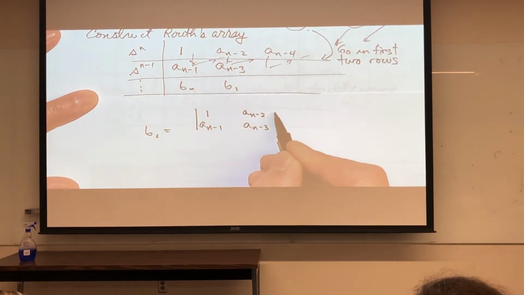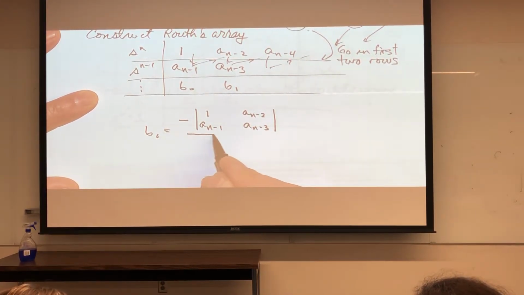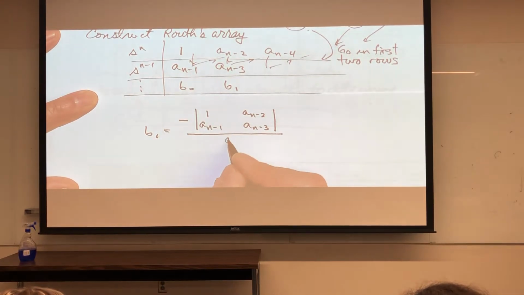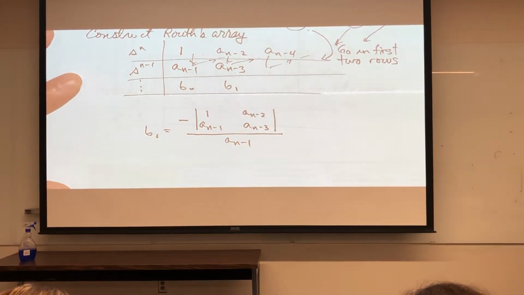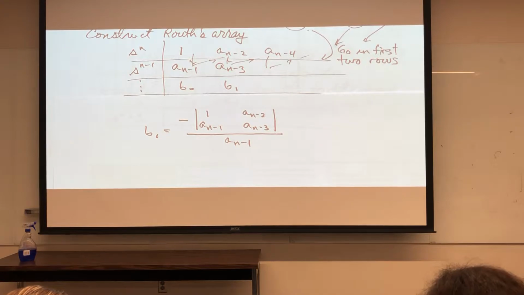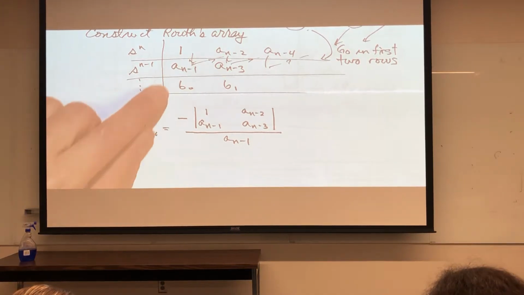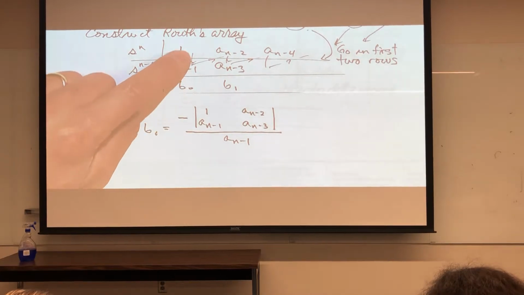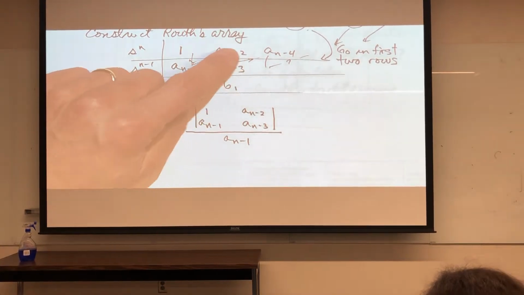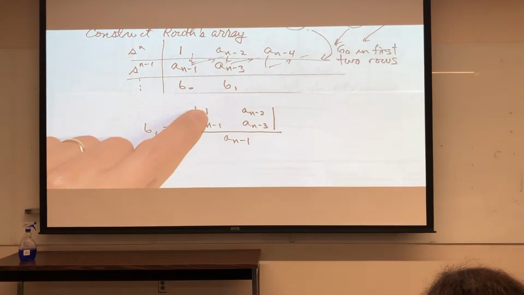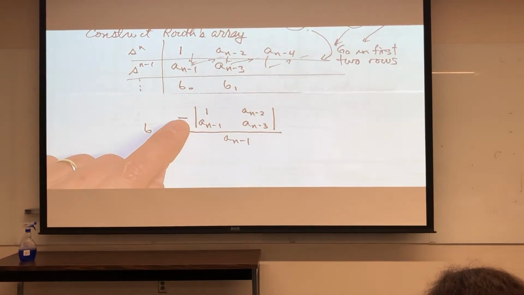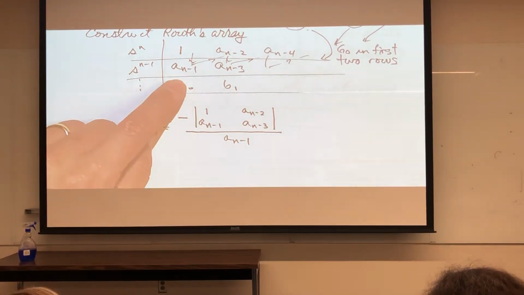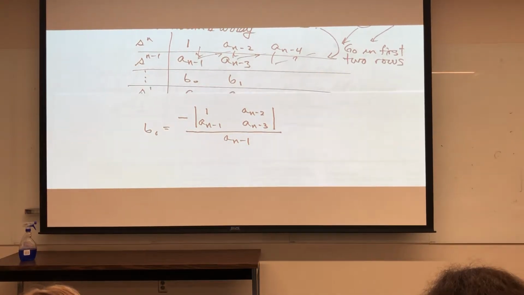We'll take that 2 by 2 determinant, we'll put a minus sign on it, and then we'll divide by an minus 1. So basically, I've taken this set of coefficients right here. I'm working on b0, so I take this set of coefficients and make this array. I find the 2 by 2 determinant, put a minus sign in front of it, and then divide by this number right here.